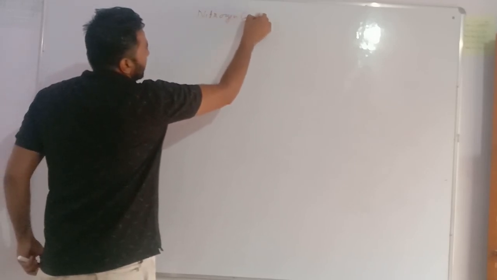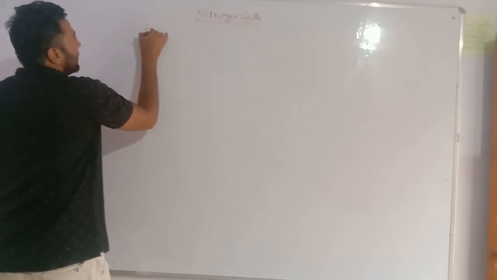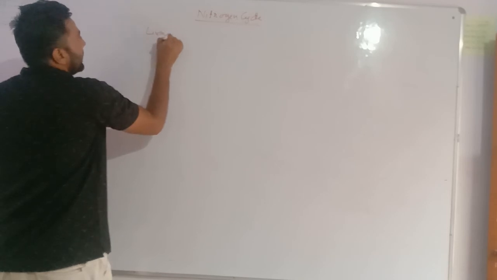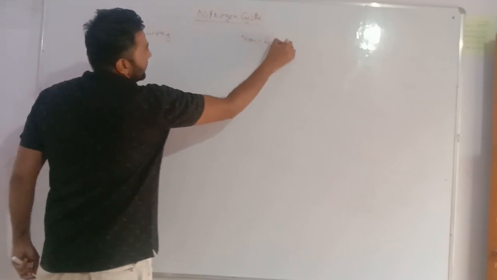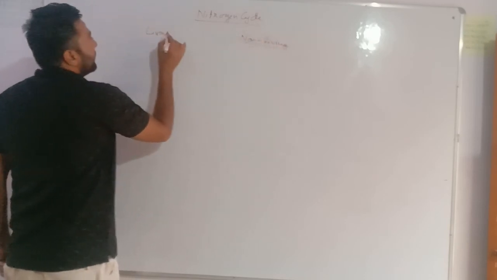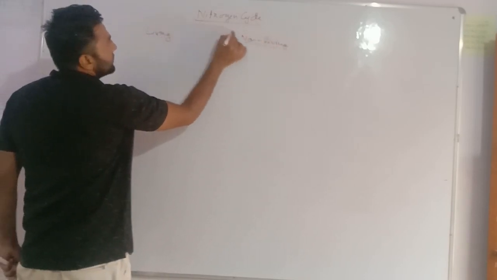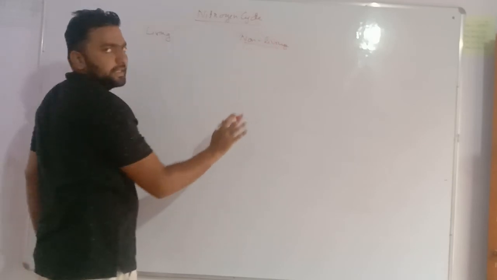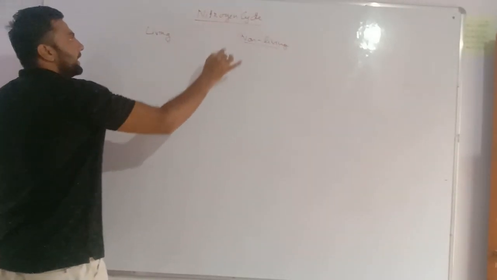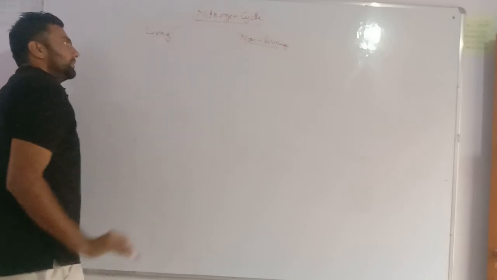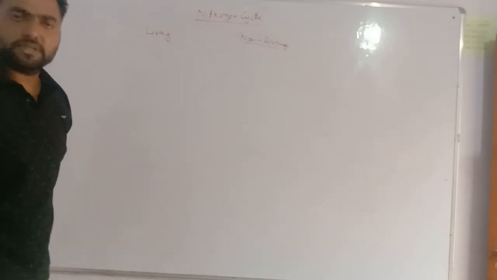See, my dear students, in the nitrogen cycle, the nitrogen component goes into non-living things, and from non-living things it goes into living things, and this process keeps on going. This is known as the nitrogen cycle.